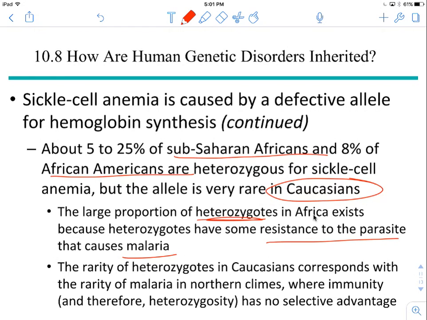So heterozygotes are actually selected for in African populations, because malaria is much more common in Africa and the allele gives them resistance. Because carriers are enriched in that population, it's much more likely for them to create a homozygous recessive offspring. Again, because malaria is much more rare in northern climates, where Caucasians normally live, the disease is extremely rare in Caucasians.